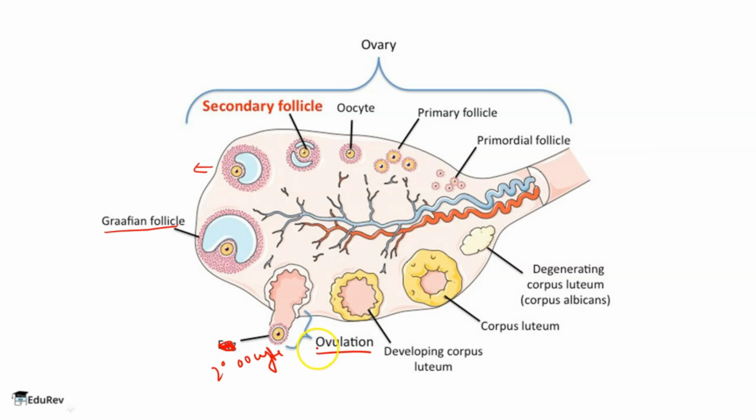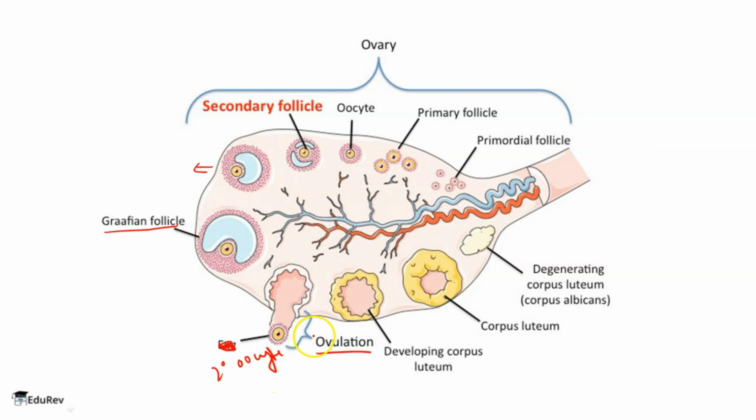So ovulation is the rupture of the Graafian follicle and release of the secondary oocyte from it. You must remember that the secondary oocyte is released from the Graafian follicle and not the egg or ovum, because students are very much confused about this.